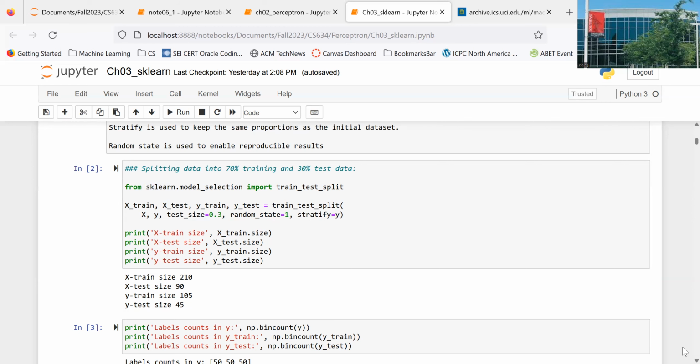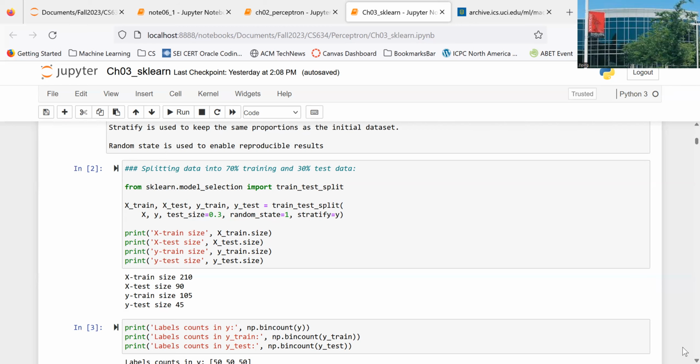And you can also specify two other parameters. The stratify is to keep the original proportion, and the random state is just to reproduce the training and the testing.